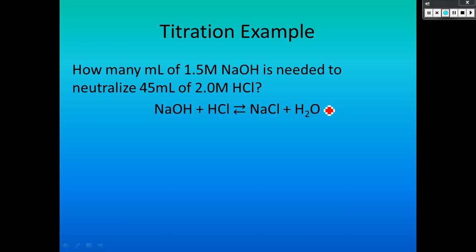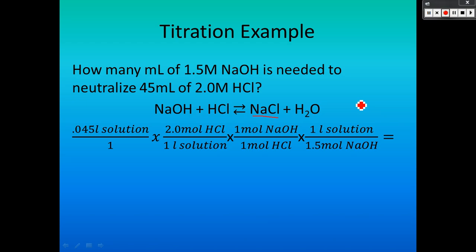So the first thing you need is the equation. NaOH plus HCl yields NaCl plus H2O. There's your salt, your table salt. And so we have 0.045 liters of solution times 2 moles per 1 liter. So that's this information here, that's my known, right? I changed the milliliters to liters, so that cancels. That's times 1 mole of NaOH to 1 mole of HCl.